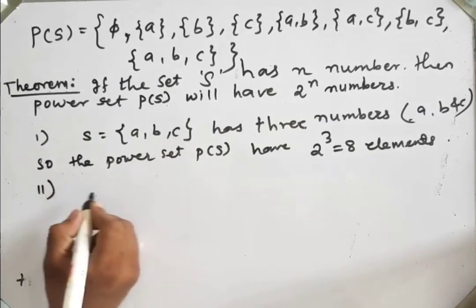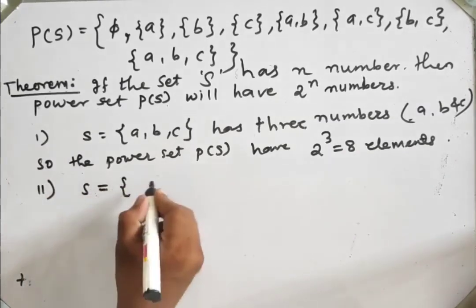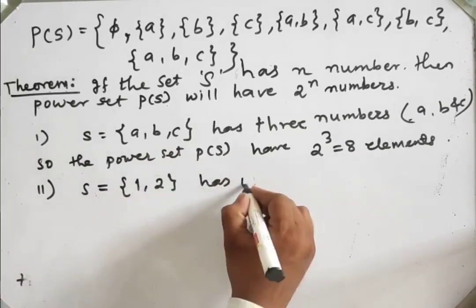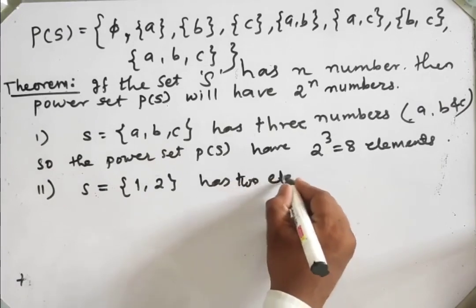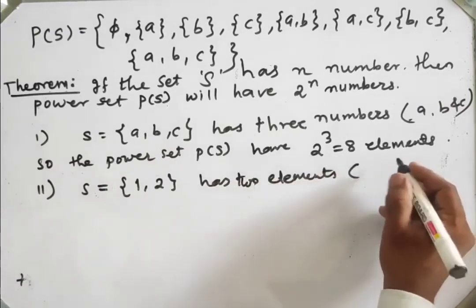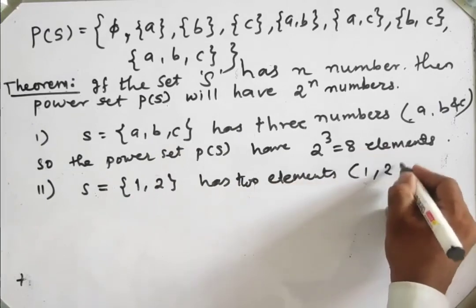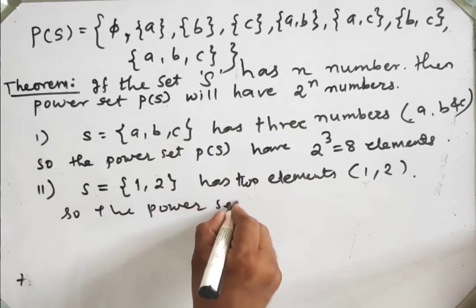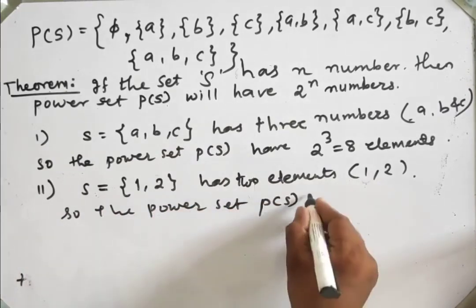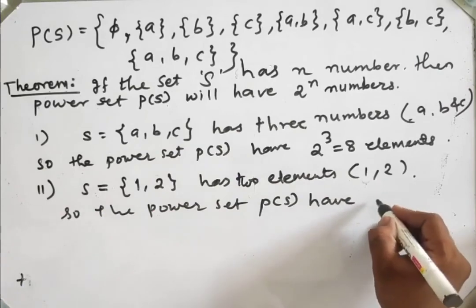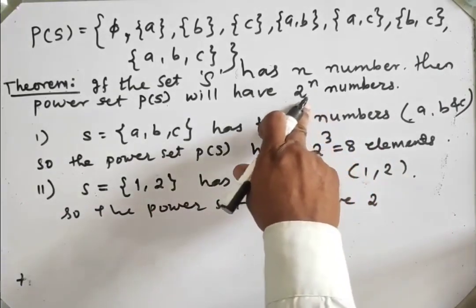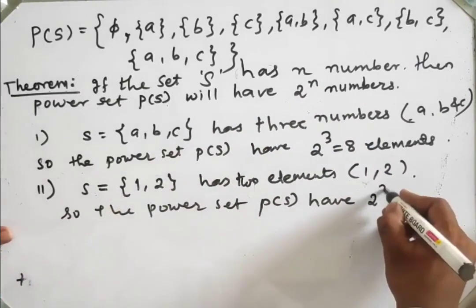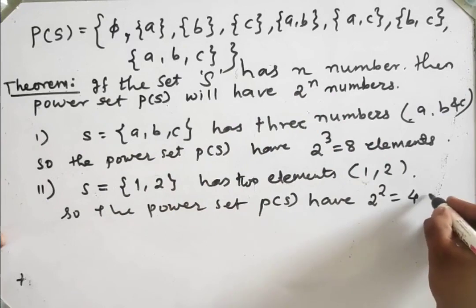Now the second example. Suppose I take set S with 2 elements, which are 1 and 2. So the power set P of S has how many elements? 2 raised to n, what is the formula? 2 raised to n. What is n here? There are 2 elements, so 2 raised to 2, which is equal to 4 elements.